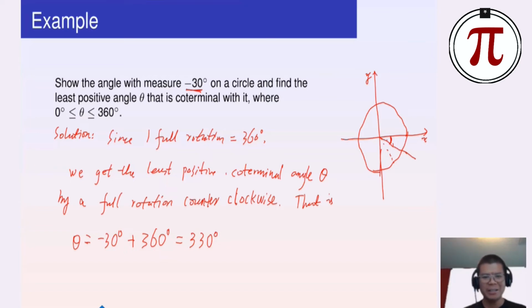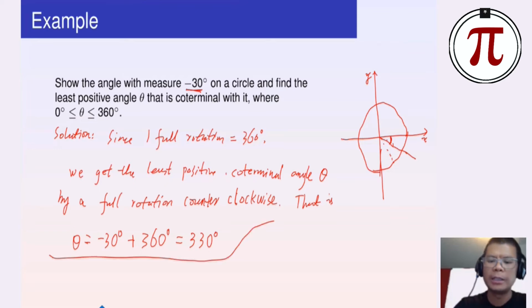Now, sometimes if you cannot get the positive value in one rotation, then you may do another rotation. Let me give you another example and see if you can find it.